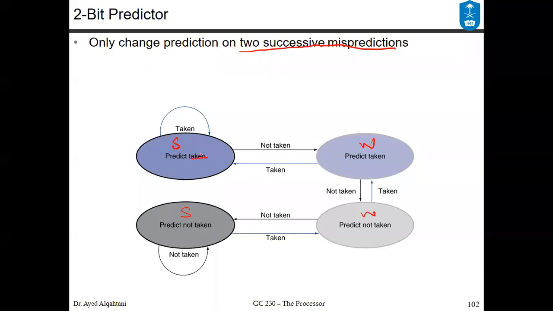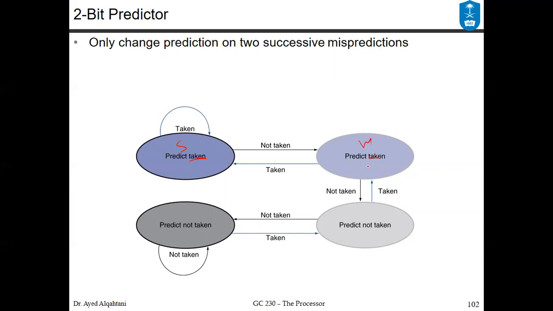If your prediction matches the actual, then you go back to the same state, or the same prediction. If it doesn't match, then you go to the next prediction. So here you predicted strong taken. If the actual is not taken, then you go to the weak taken.